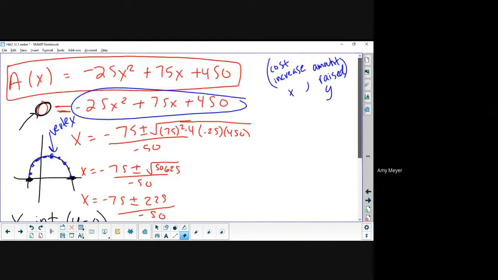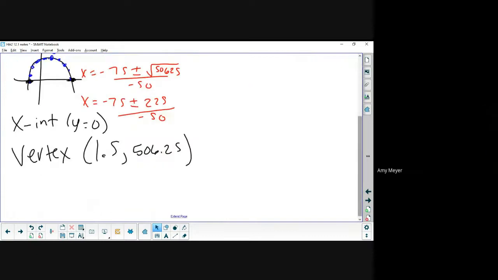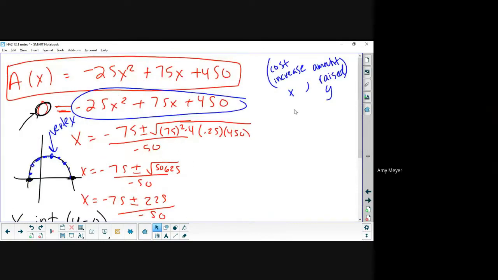Okay. Now I'm going to show you how to get this same vertex without using the graphing part of your calculator. I told you it's not in vertex form, so you can't just look at it and write the vertex.